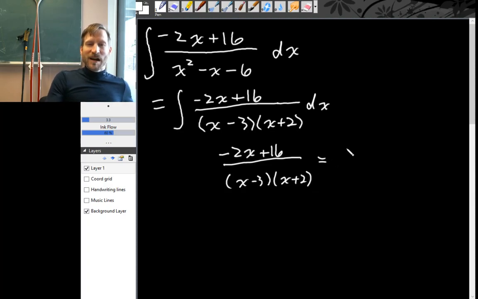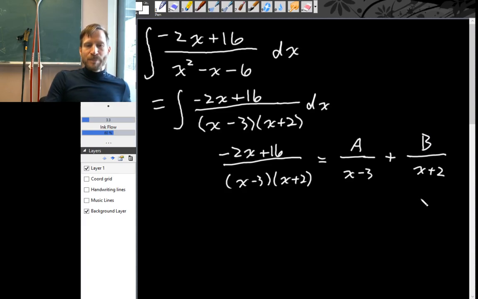Hopefully we can have two fractions where the first has x minus 3 in its denominator and the second has x plus 2 in its denominator. We don't know what the numerators should be, so let's call them capital A and capital B.